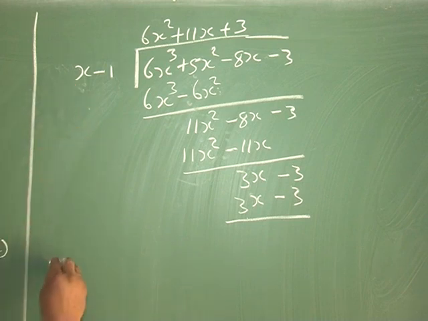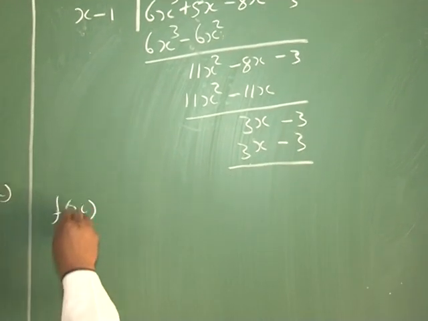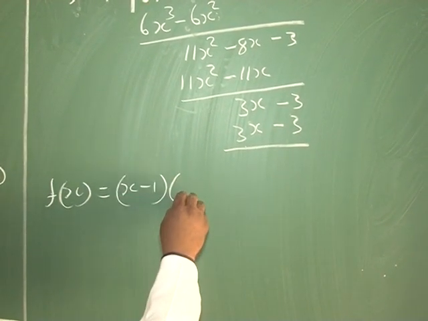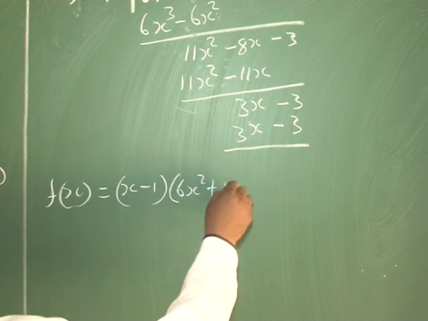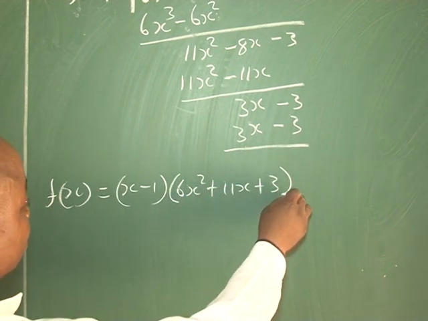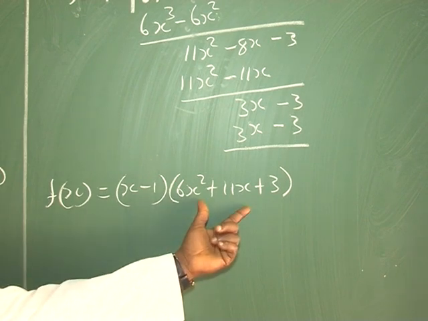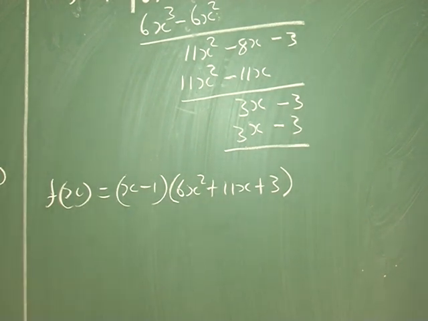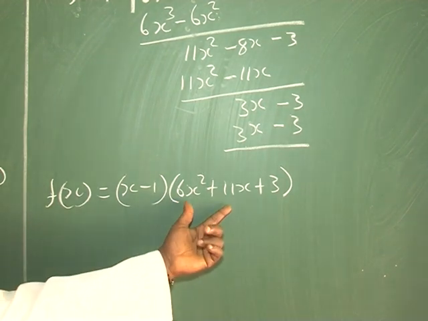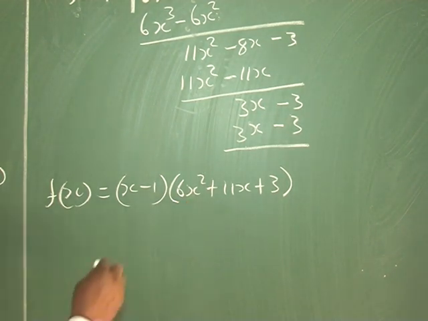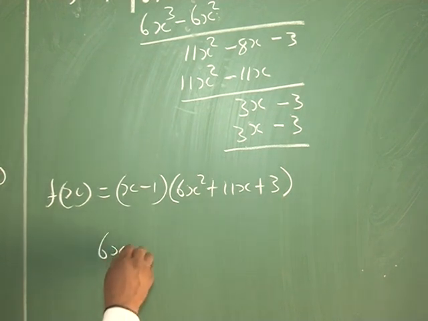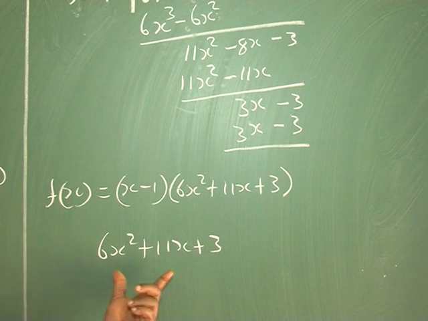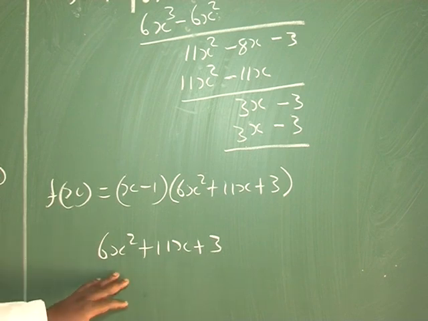Now we have f of x equals x minus 1 times 6x squared plus 11x plus 3. We can then solve this quadratic part. Here we are looking for two numbers such that, okay, let's solve this. 6x squared plus 11x plus 3. We know that this is a quadratic equation when it is not in unity.